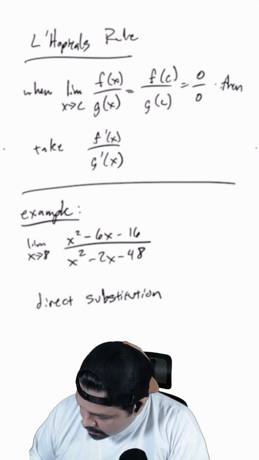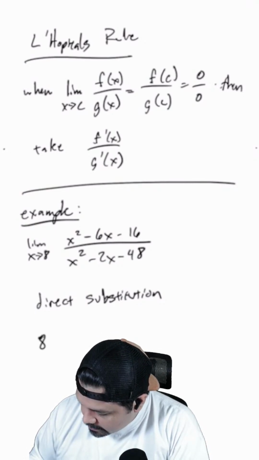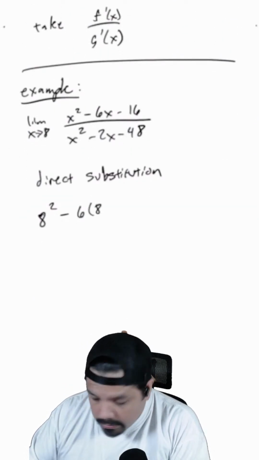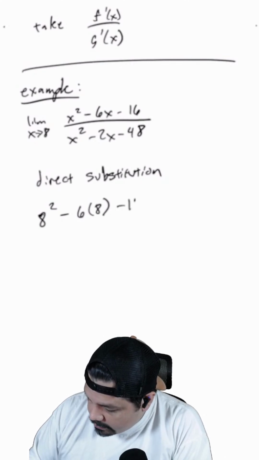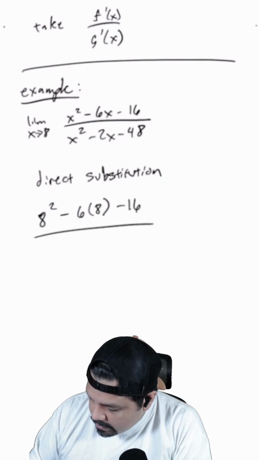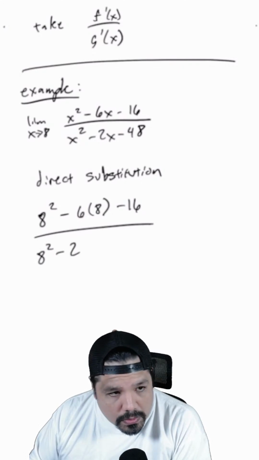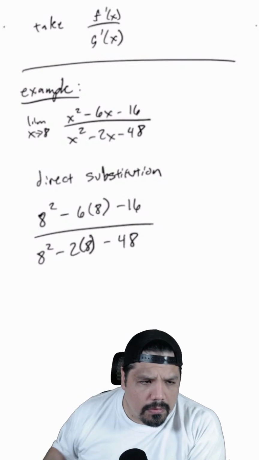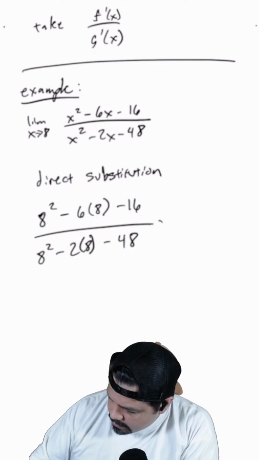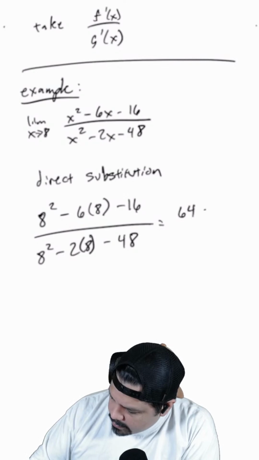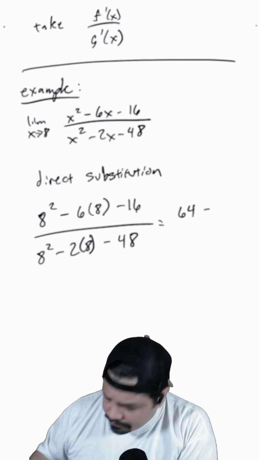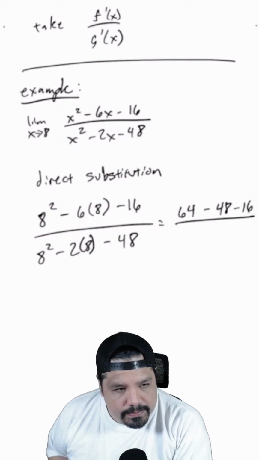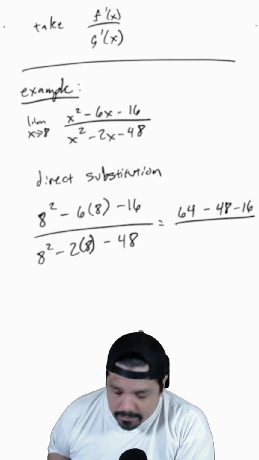Let's say we put in 8. 8 squared minus 6 times 8 minus 16 over 8 squared minus 2 times 8 minus 48. Well, what is 8 squared? 64. What's 6 times 8? 48. Minus 16, right? So we didn't do anything to that one.